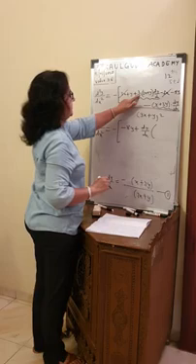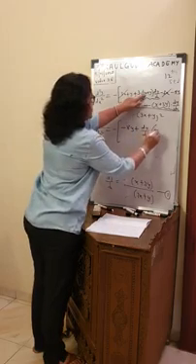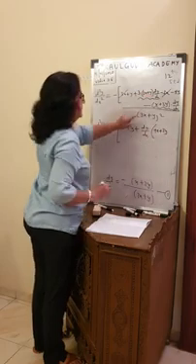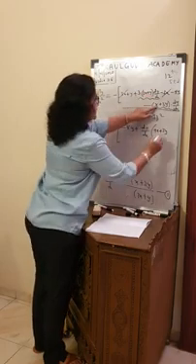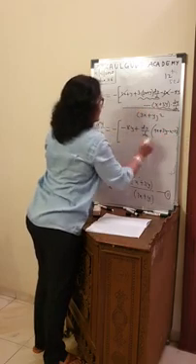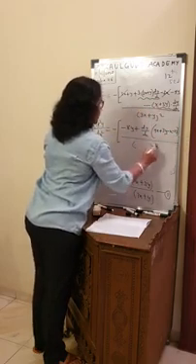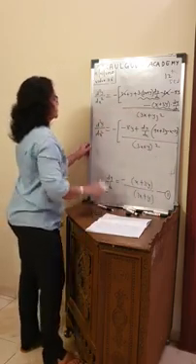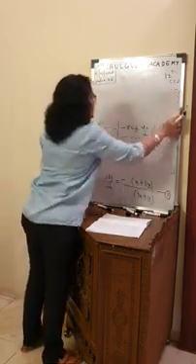Inside, 3 into 3x, 9x. 3 into y, 3y, minus x, minus into plus, minus 3y. Whole thing upon denominator square. Bracket closed.